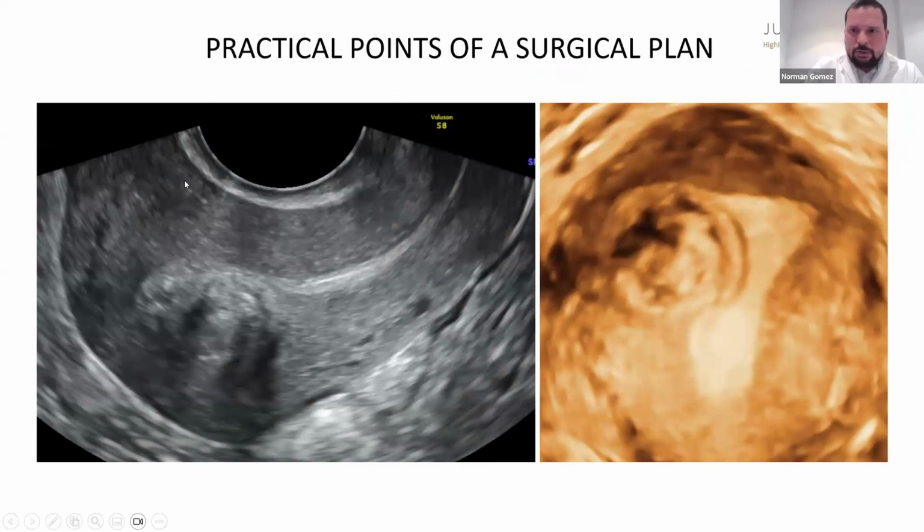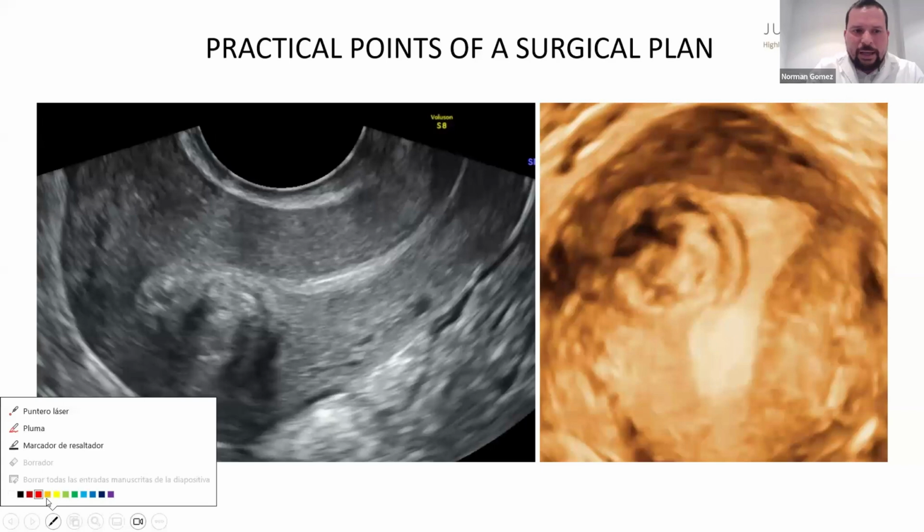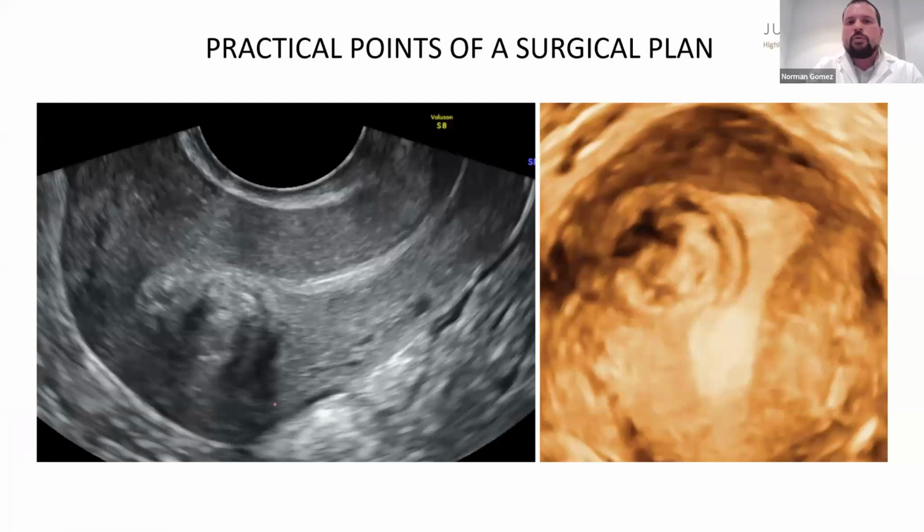So I'm going to share with you some simple ultrasound images, and some aspects that I normally take into account when I am going to approach a hysteroscopic myomectomy. We need the longitudinal section of the uterus and also a transverse section. Here we have 3D.